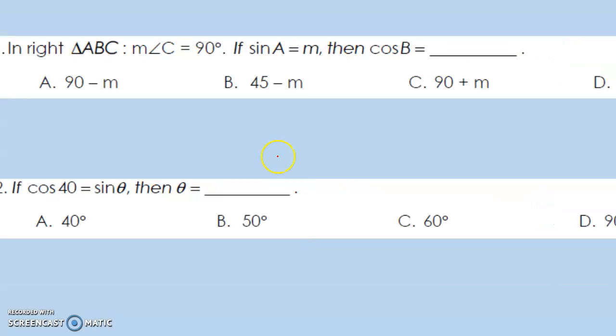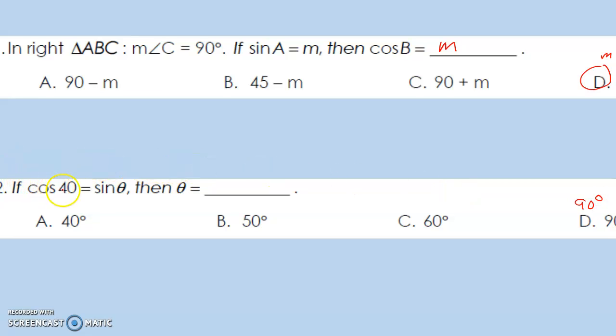So let's use this to answer some multiple choice questions. In a right triangle, measure of angle C is 90. So that means that A and B are my acute angles. If the sine of one acute angle is n, then the cosine of the other acute angle is also n. This one says 90 degrees for this one.